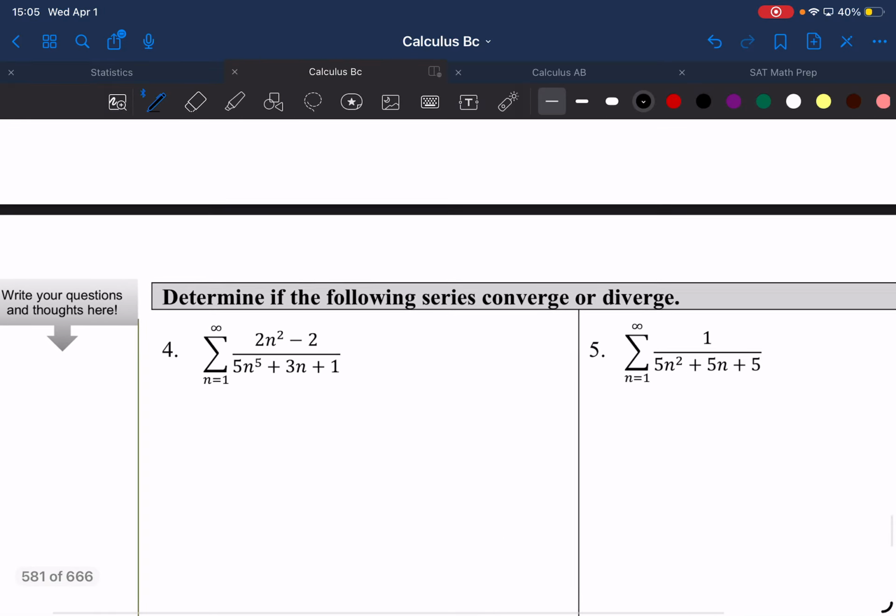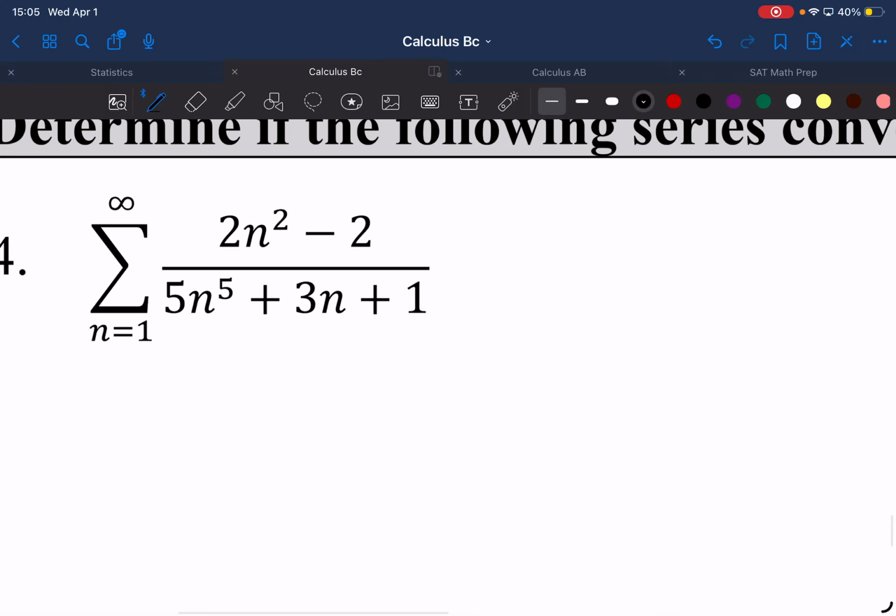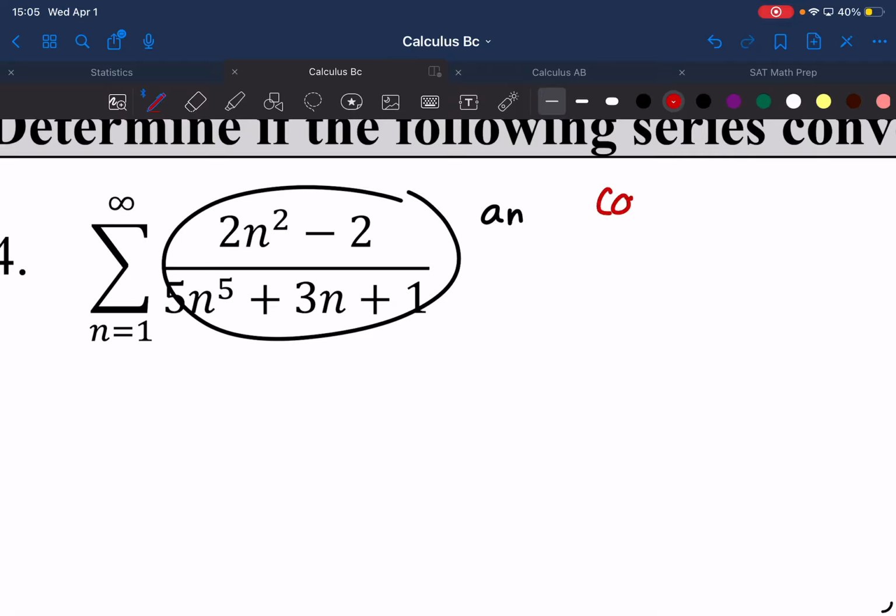Okay, so let's look at number 4. In this summation, notice that they already gave us a sub n. This whole thing is a sub n. We need to find b sub n, which is what we're comparing it to.